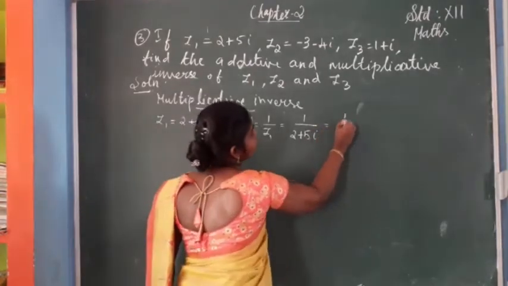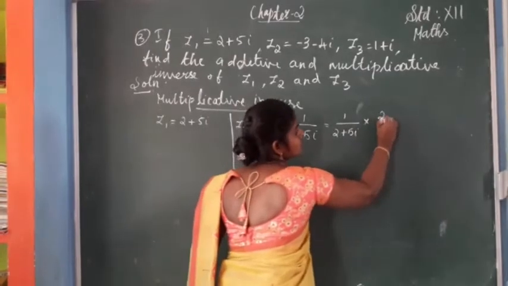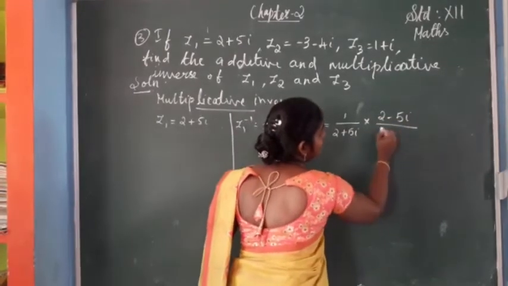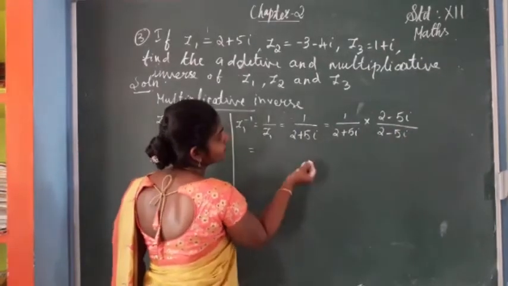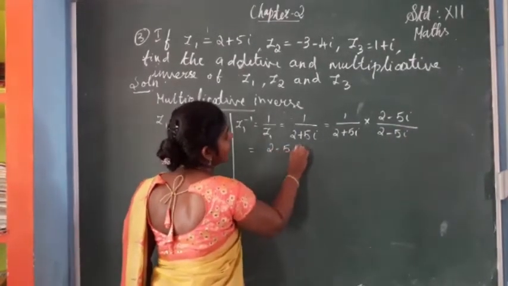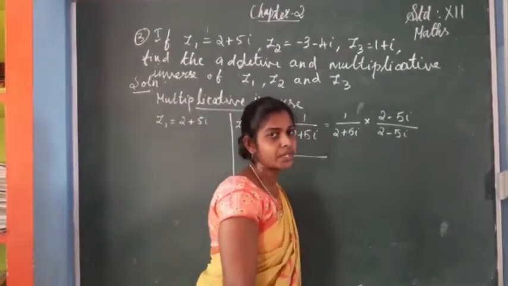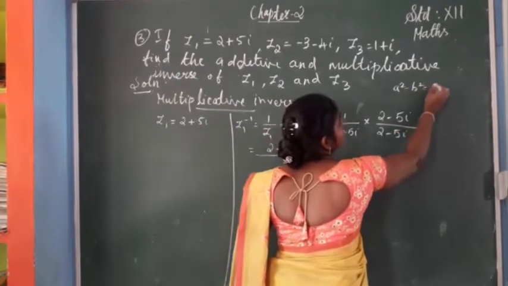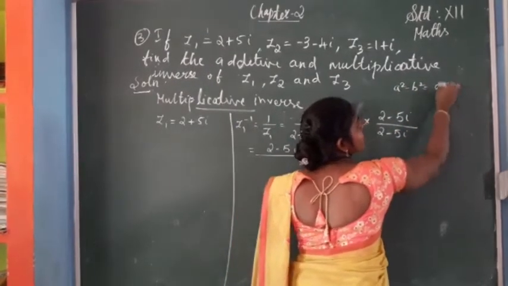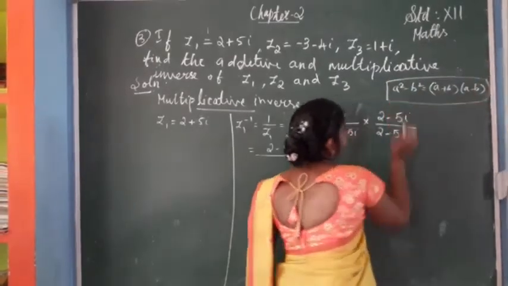So that's equal to 1 by 2 plus 5i into 2 minus 5i divided by 2 minus 5i. For the denominator, you can use the formula a square minus b square is equal to a plus b into a minus b.